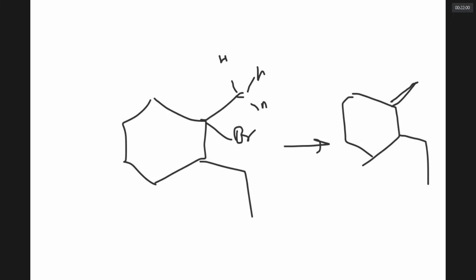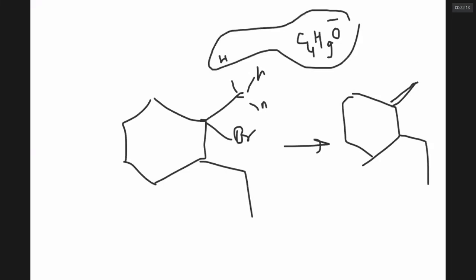You take a very bulky base like C4H9O, sodium tertiary butoxide. It is such a bulky base. It is so crazy about H+. It will just come to any one end and take away H+. When the H+ is taken away by the tertiary butoxide, the carbon is not able to bear the negative charge, it will pull the electron pair here, that will become a double bond.